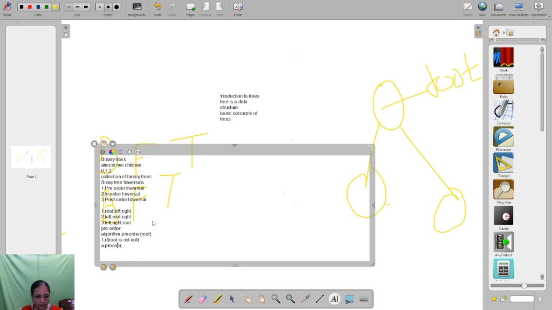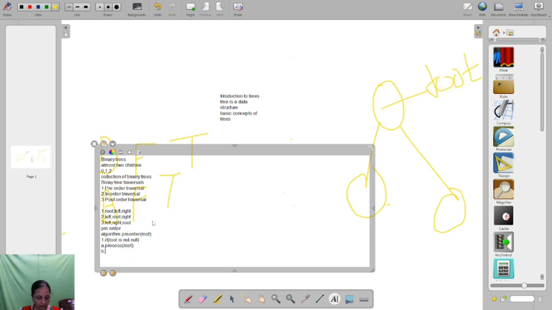So if root is not null, first process the root.